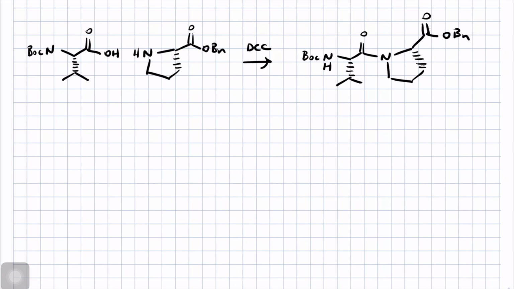One of the things you might do to try to increase the yield might be to add excess equivalents of one amino acid relative to the other.